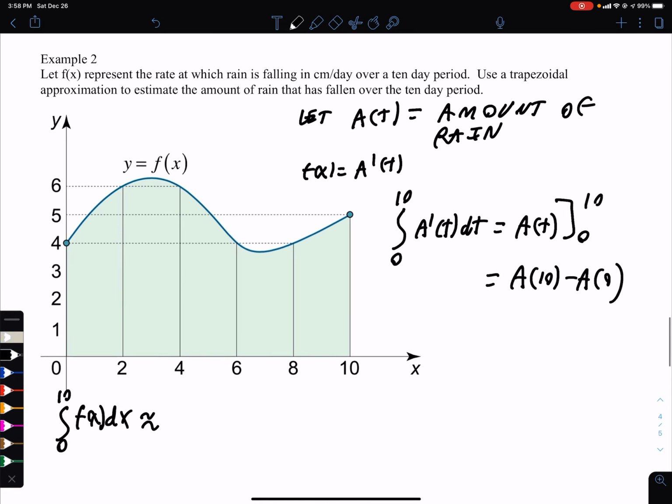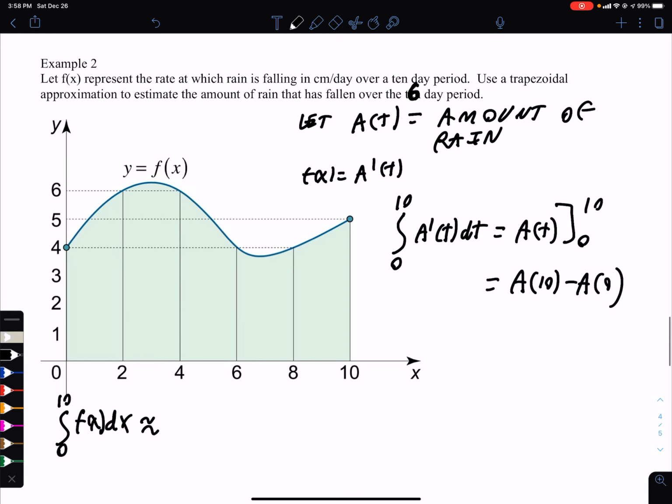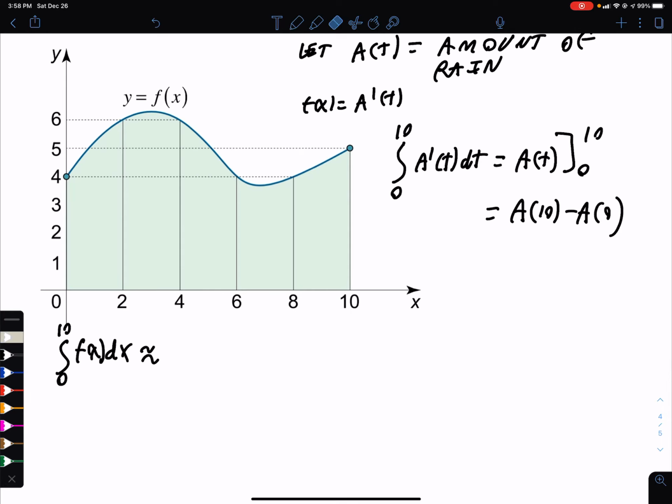Now, just to make our lives easier, let's change it to over the first 6 days and not 10, because we are going to have too many calculations and we're going to run out of room, and I think you're going to get the idea without this.